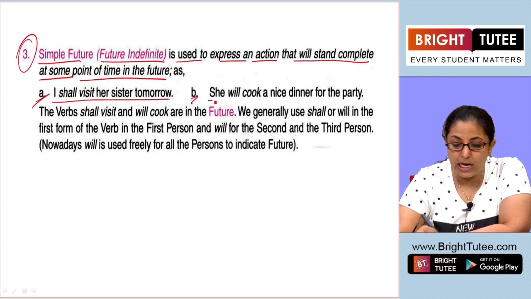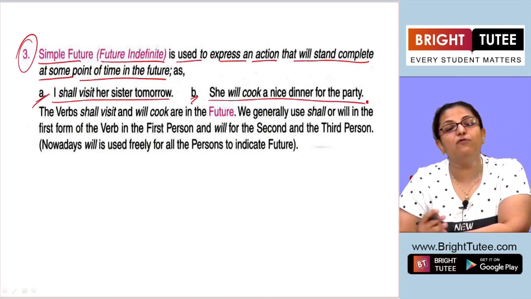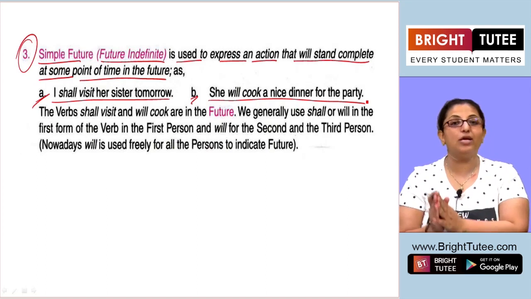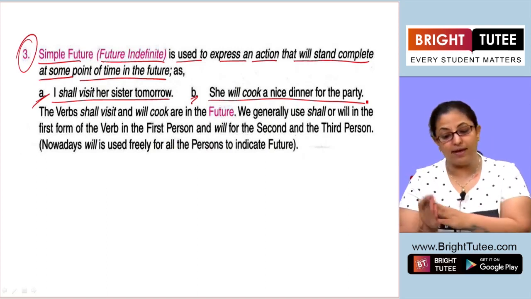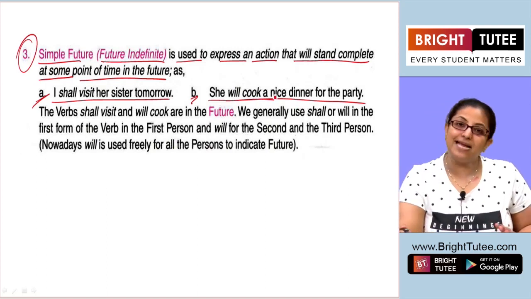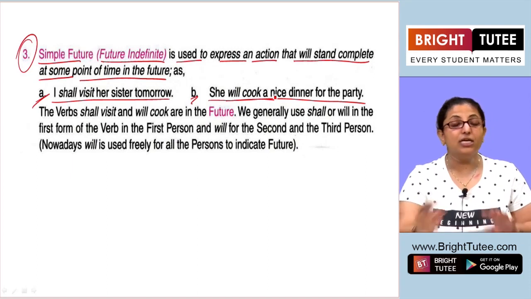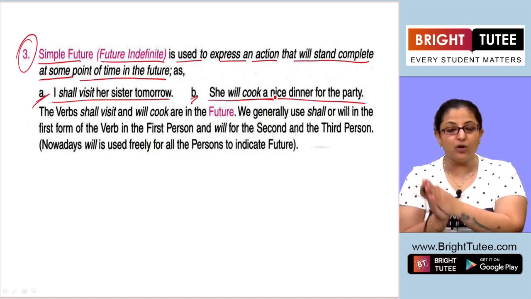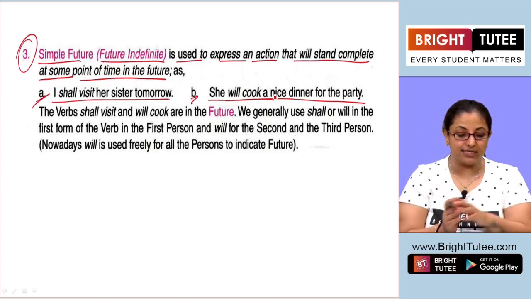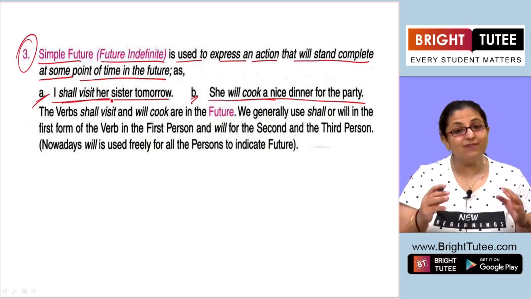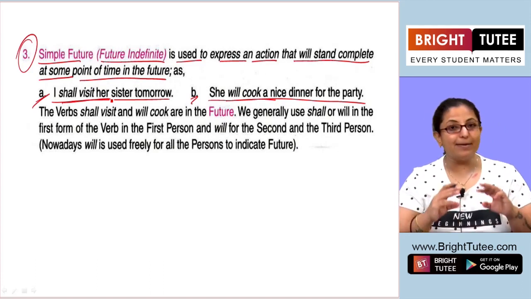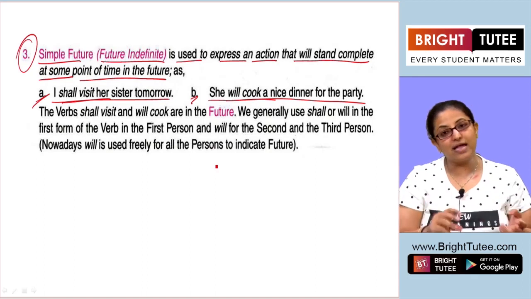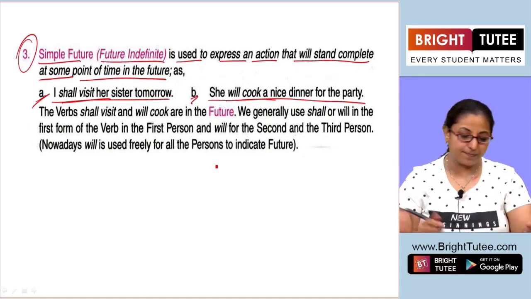Or, she will cook a nice dinner for the party. This action is going to happen and will be completed in the future time. So, she will do this. It will happen in the future time. So, again it is simple future tense. Or, I shall visit her sister tomorrow. That means this action is going to happen tomorrow, which is in the future time. So, again it is simple future tense.